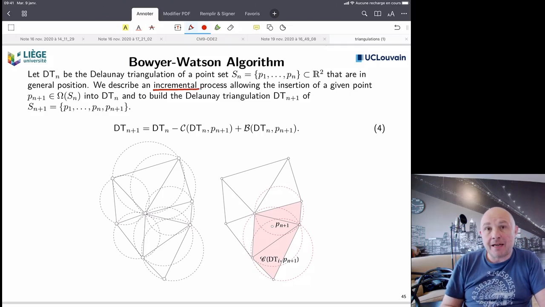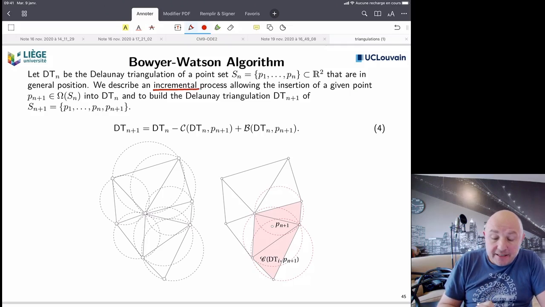What is an incremental algorithm? The incremental algorithm I present you here works like that. At first, you assume that you have a Delaunay triangulation with n points. Okay, so DT n, the n here is n points.